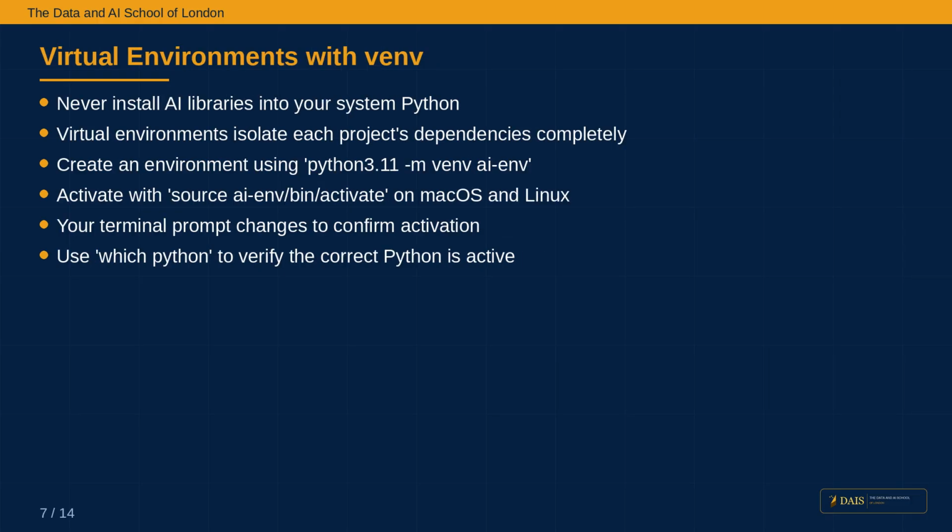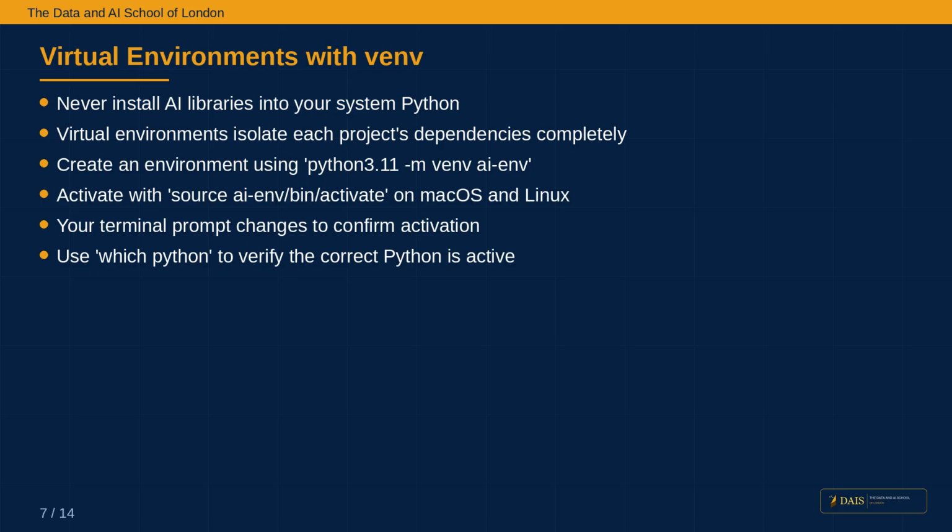Virtual environments are non-negotiable in professional AI engineering. The rule is simple: never install packages into your system Python. Always create a dedicated environment for each project. The built-in venv module is sufficient for most work. Run python3.11 -m venv to create the environment, then activate it using the appropriate command for your operating system.